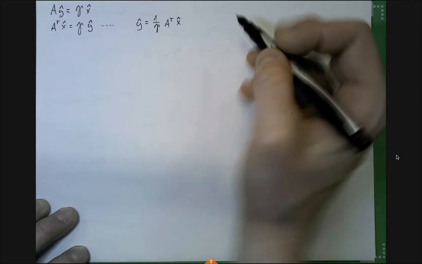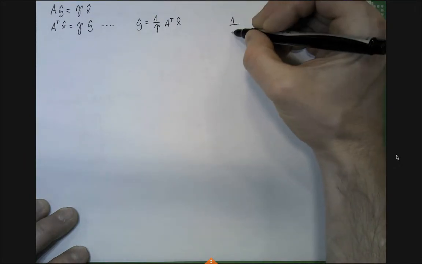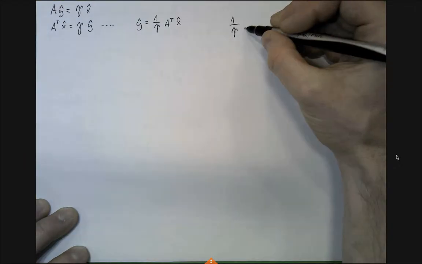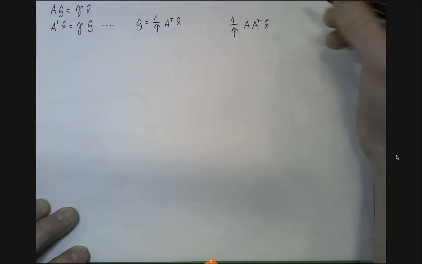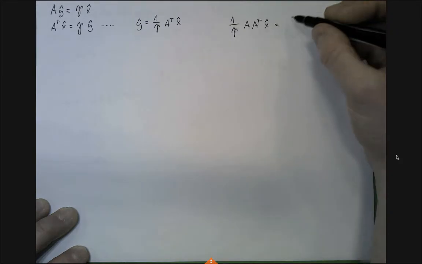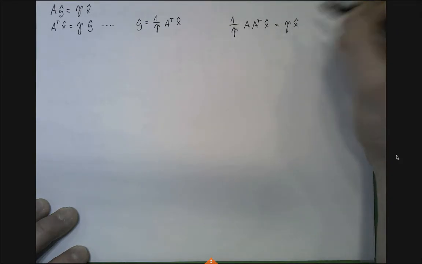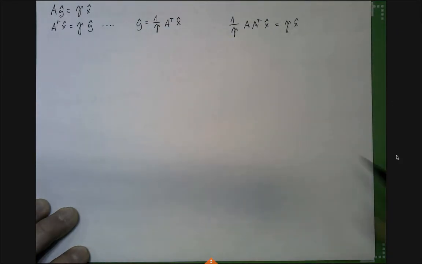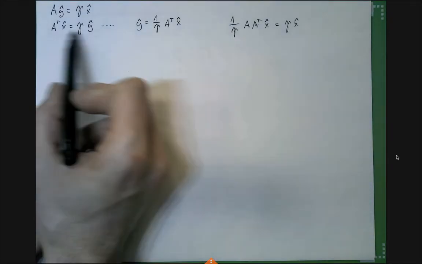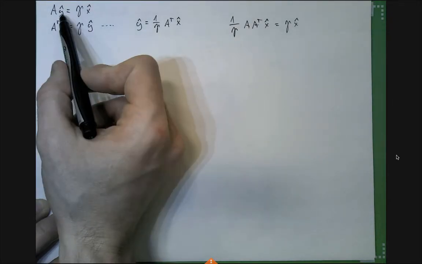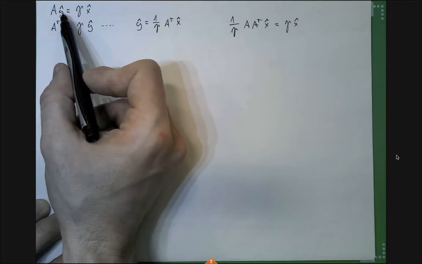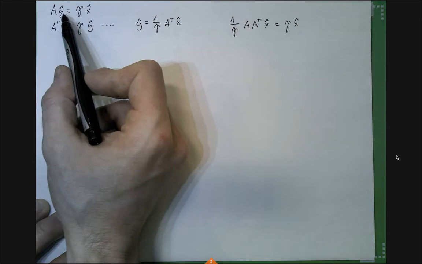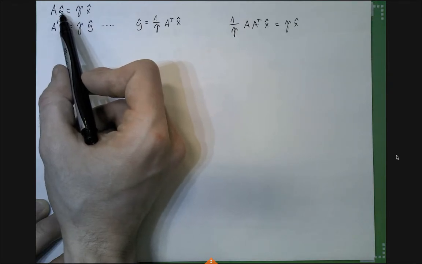So what I get is 1 over gamma A from here and A transpose x from here, and that must be equal to gamma x hat. Okay, everybody got that? I took y hat from the second equation and substituted it for this y in the first equation, or I guess vector equation or system of equations if I was to be accurate.